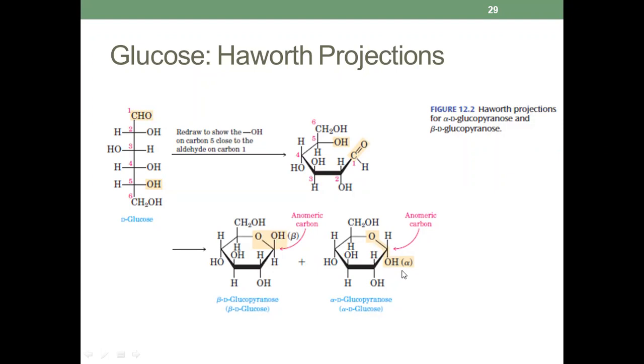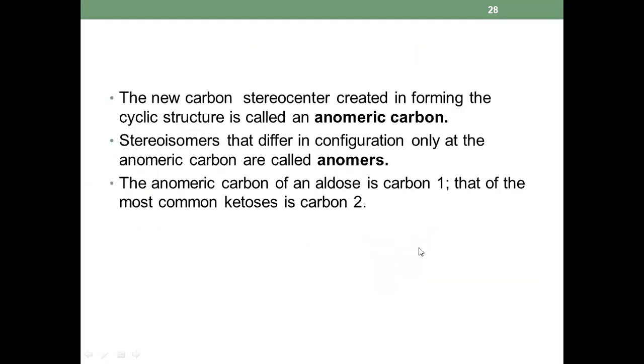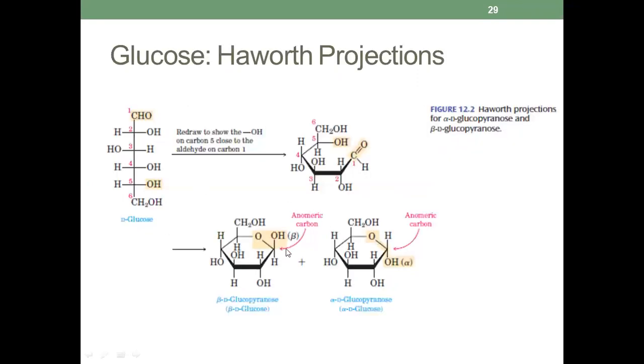Okay, so you call this carbon now the anomeric carbon. An anomeric carbon is the new carbon stereocenter created in forming the cyclic structure. So this one, the carbonyl carbon earlier, becomes the anomeric carbon. The new stereocenter that is created when the OH and the C double bond O hydrogen react. Okay, so at your anomeric carbon, you can get different cyclic structures.